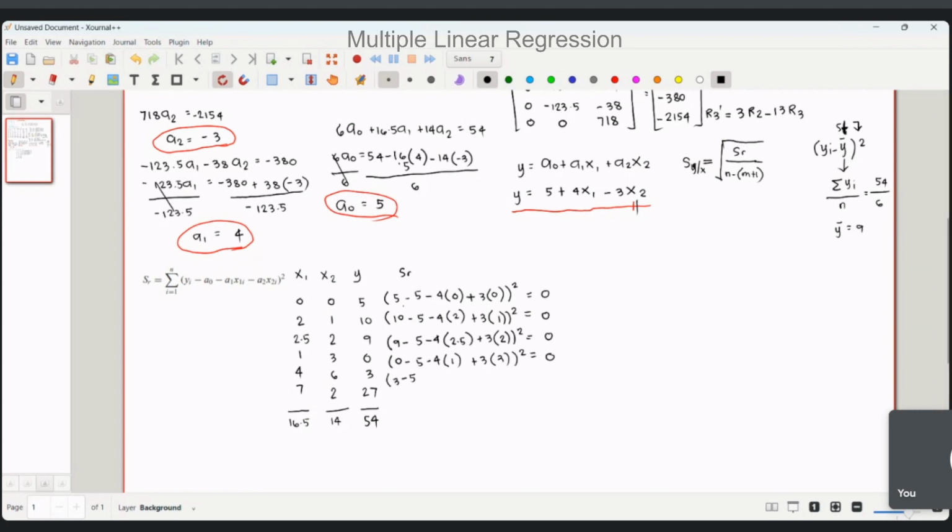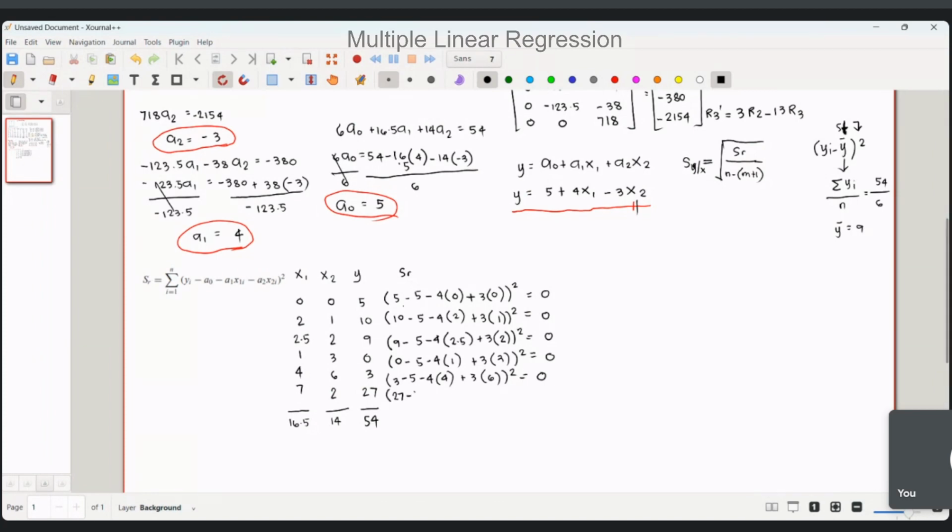3 minus 5 minus 4 times 4 plus 3 times 6 squared. This is 16, this is 18. So that's positive 2. Negative 2 plus 2, that's 0.